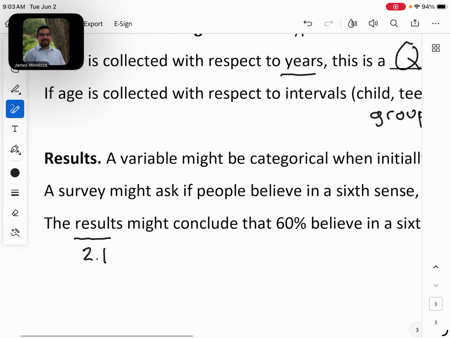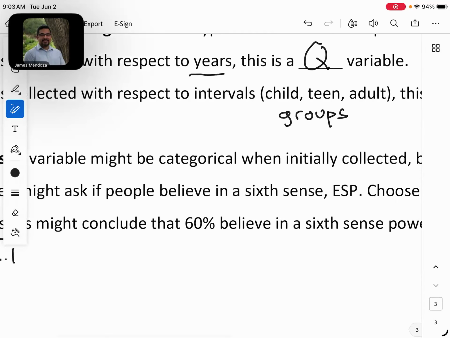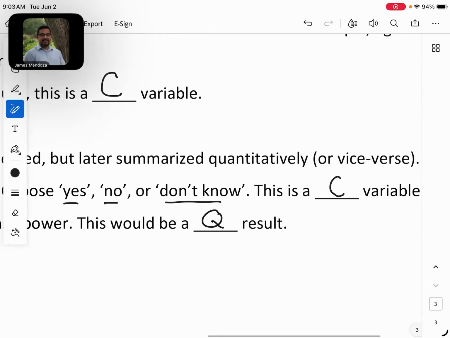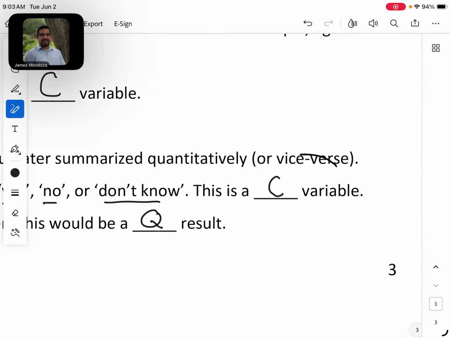And just as a sneak peek, they found that about 60% of people surveyed believe that yes, a sixth sense really did exist and that people do have this extra sense or power, which would be the result. And it being a number with units, the percent sign, that would be a quantitative result. So the variable is categorical, but the result switched to quantitative.